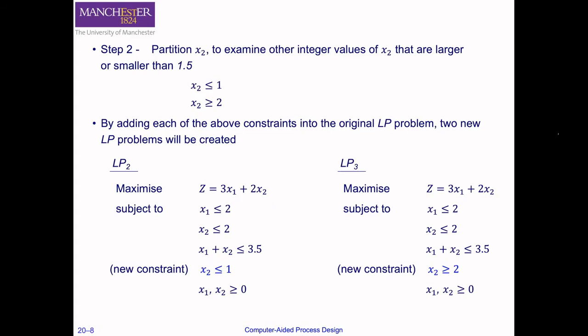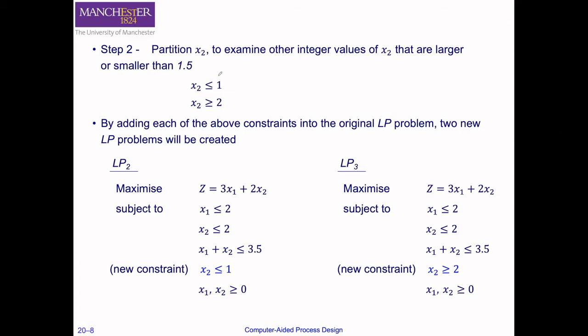As mentioned before, another key idea of the branch-bound method is that if the optimal solution contains non-integer values for some integer variables like x2, then use partitioning method for these integer variables to divide up all the possible solutions into subsets.